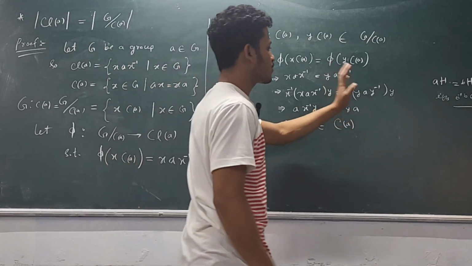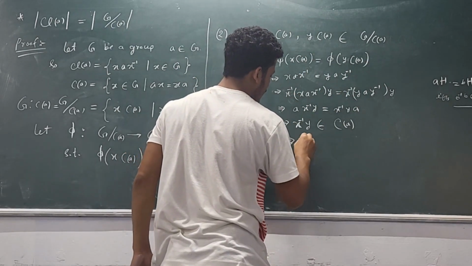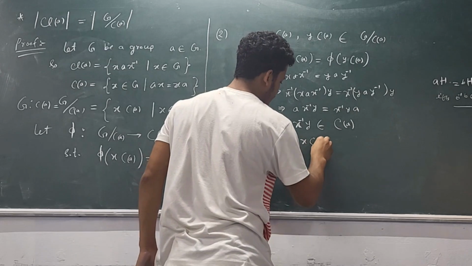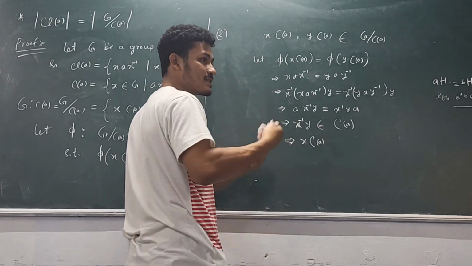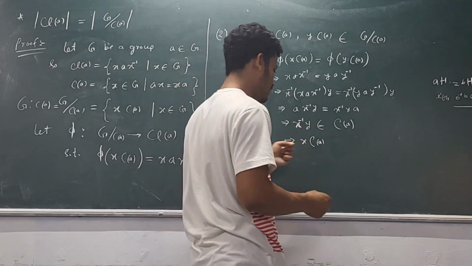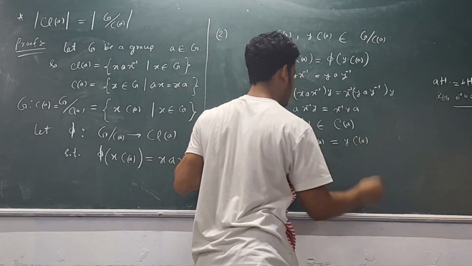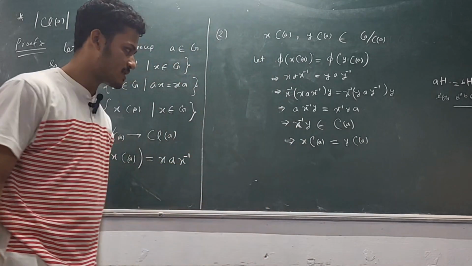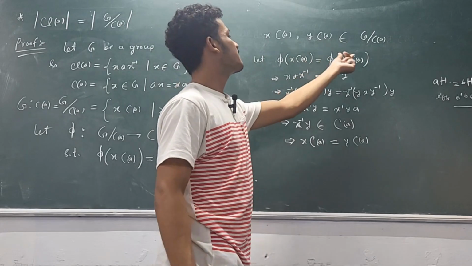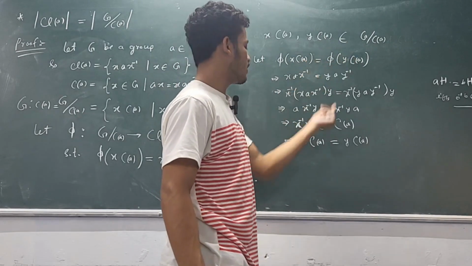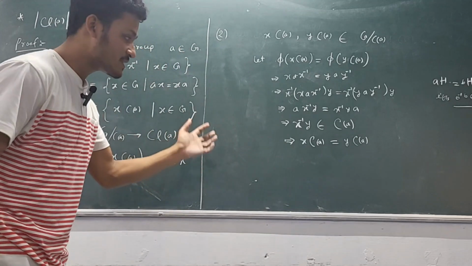If x inverse y belongs to the centralizer of a, this will imply xC(a), according to the property of cosets, I am telling you twice, will be equal to yC(a). So the images are equal, that means the two elements are equal. So it is 1-1. Hence, it is 1-1.